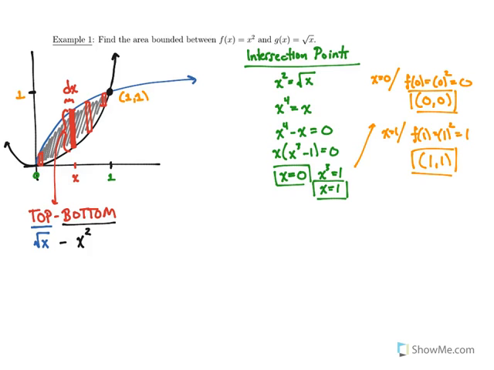So the integral that we have here is going to be, for every x value in between 0 and 1, I'm going to find the area of a little rectangle. The base of that rectangle is dx, or delta x, and the height is going to be square root of x minus x squared. And now I can solve this integral.